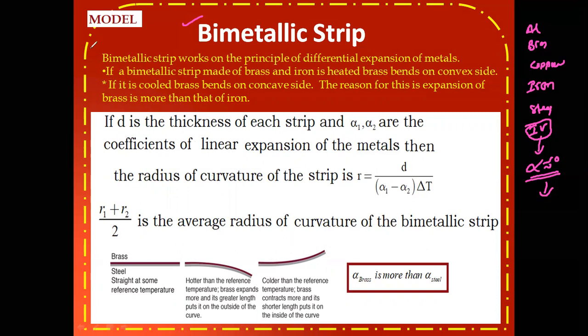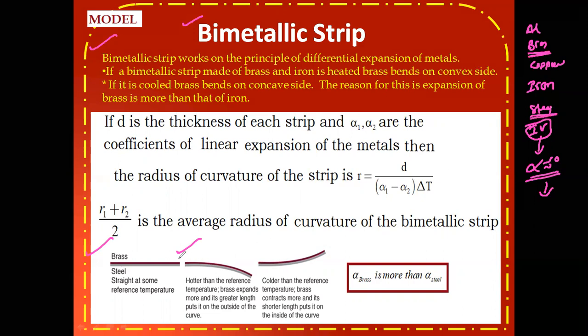So in the case of the bimetallic strip, you already know this is the bimetallic strip. Whenever you heat the bimetallic strip, the metal with the greater alpha value is on the convex side. Suppose you take brass and steel. As you know, brass has a higher value of alpha than steel.